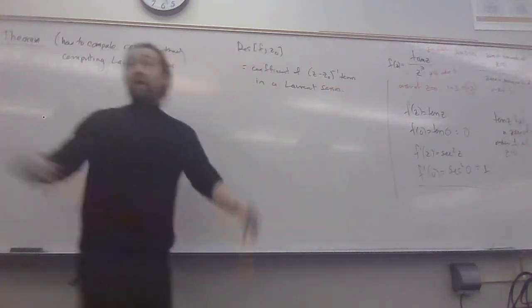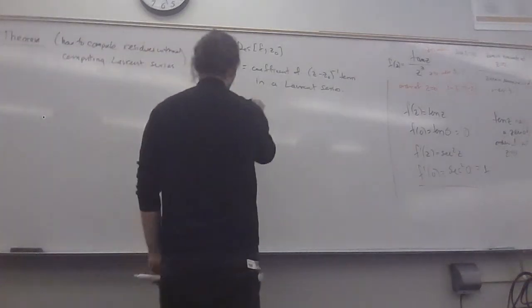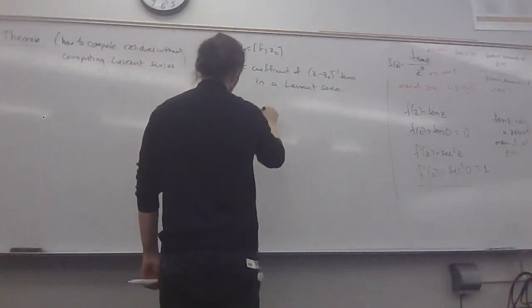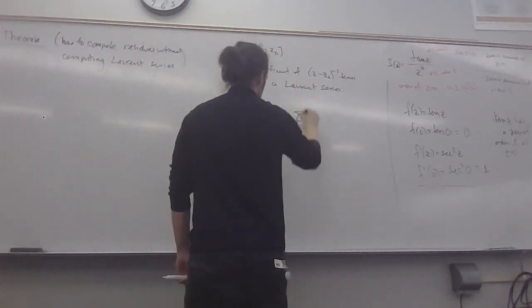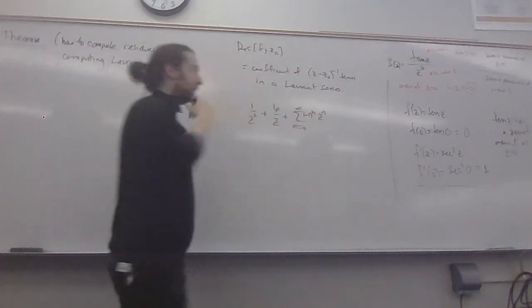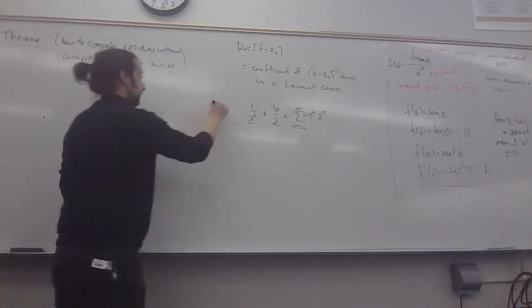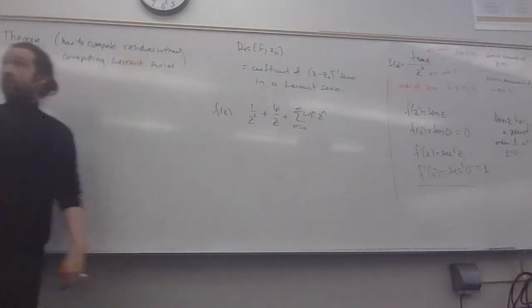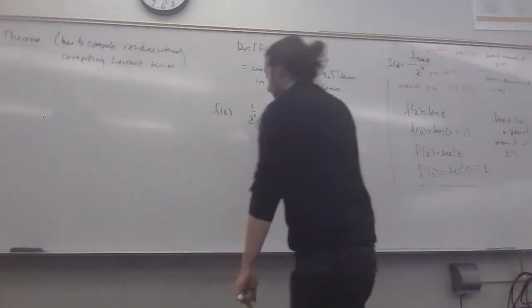So if you have a Laurent series, it's really easy. You just look at it, and there it is. If I write down 1 over z squared plus 6 over z plus the sum from n equals 0 to infinity of minus 1 to the n, z to the n, as the Laurent series for f of z, then computing the residue is as easy as saying, oh, there it is right there. It's the coefficient of the 1 over z term.